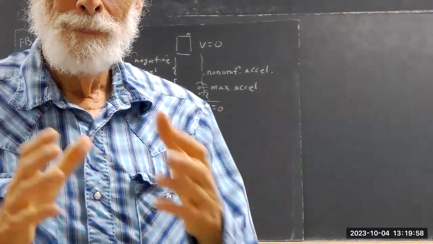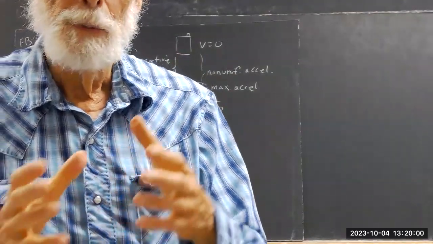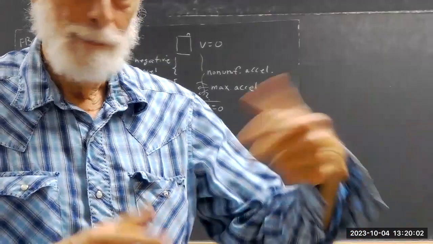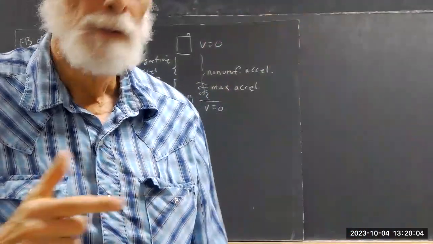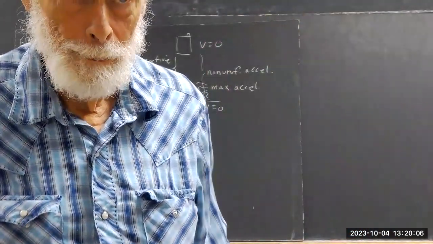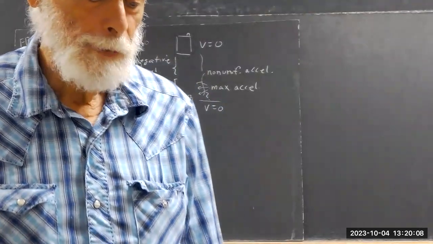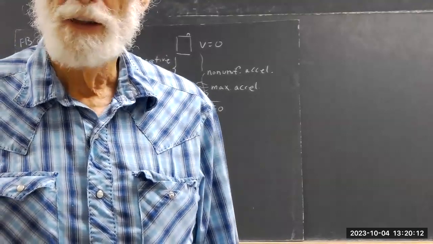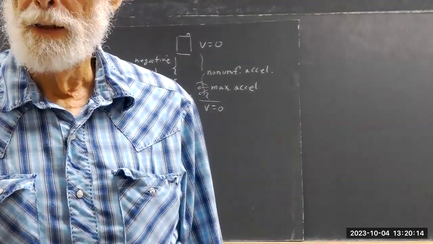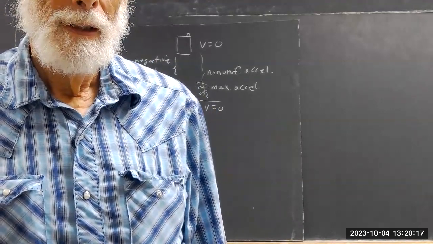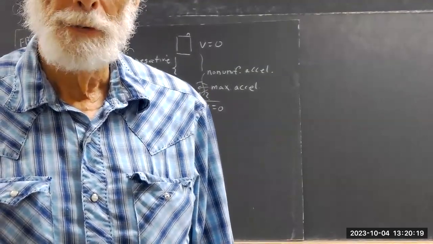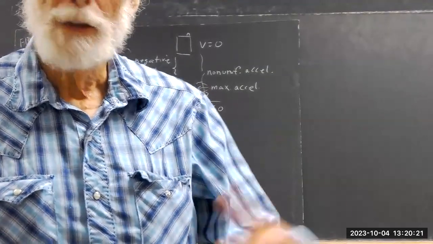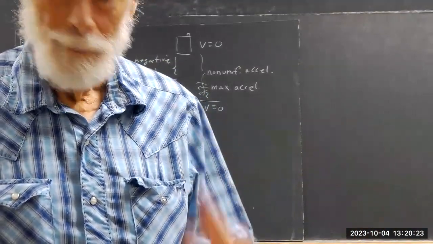So it has a form F net equals Ky, if y is your position, or Kx if you're moving in this direction, okay? If F net equals Kx, then mass times acceleration equals Kx. Then your acceleration is Kx over m, over the mass, okay?